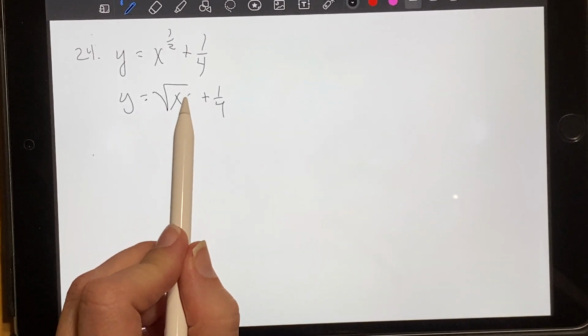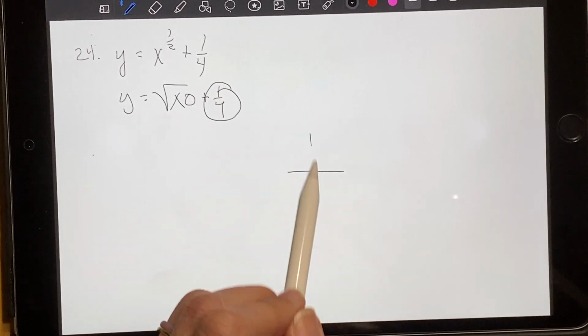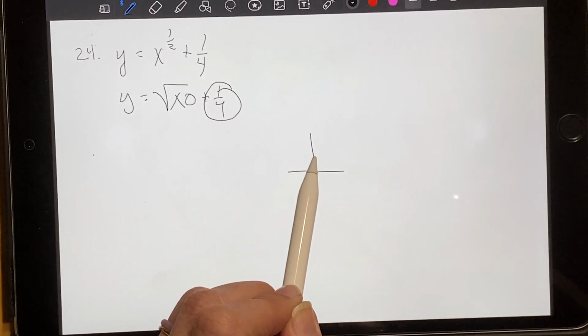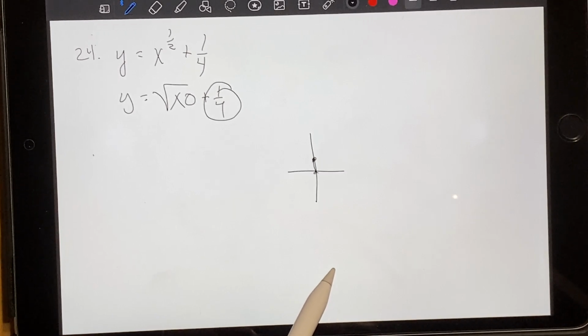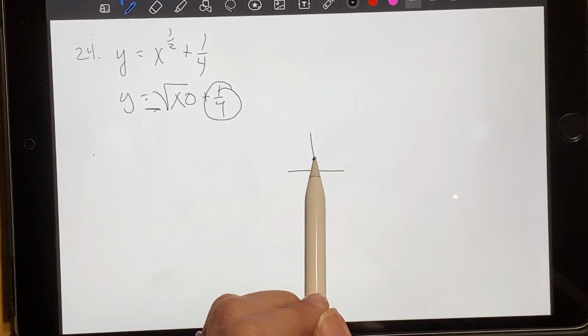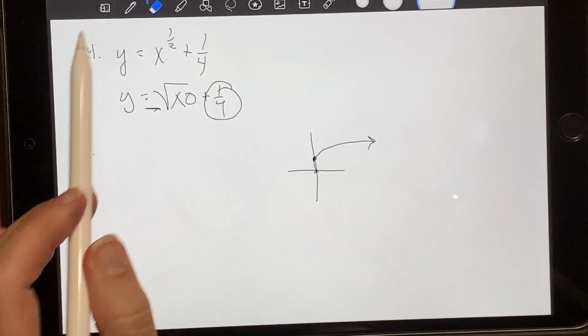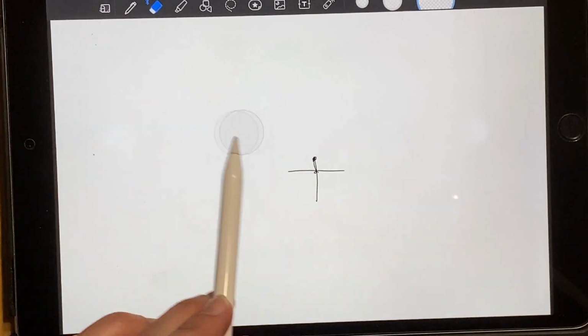It's not going to move at all on the x-axis. It will move from the origin up 1/4 on the y-axis. And we're using the positive portion, +1. So you're going to have that upper portion of the graph. So don't get tricked up if it has a rational exponent for you.